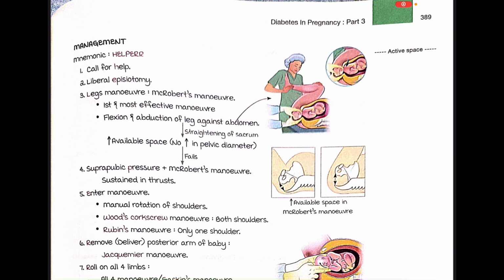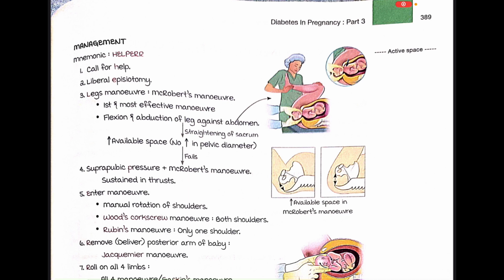McRoberts maneuver is the first and most effective maneuver: flexion and abduction of legs against the abdomen, straightening of the sacrum.